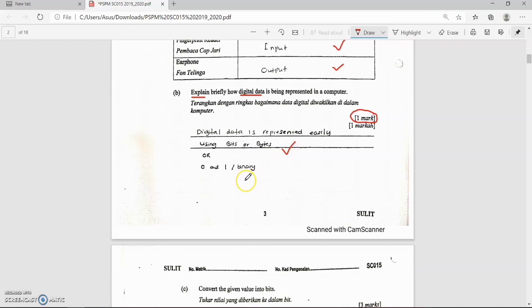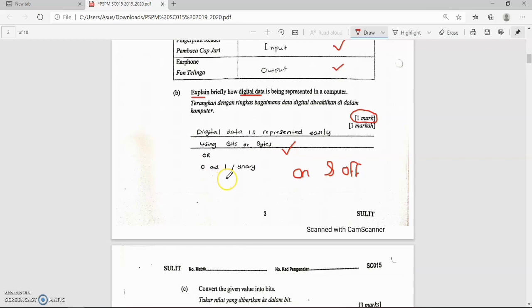Or you can explain digital data represented by using 2 binary digits 0 and 1. Okay, just use 0 and 1.